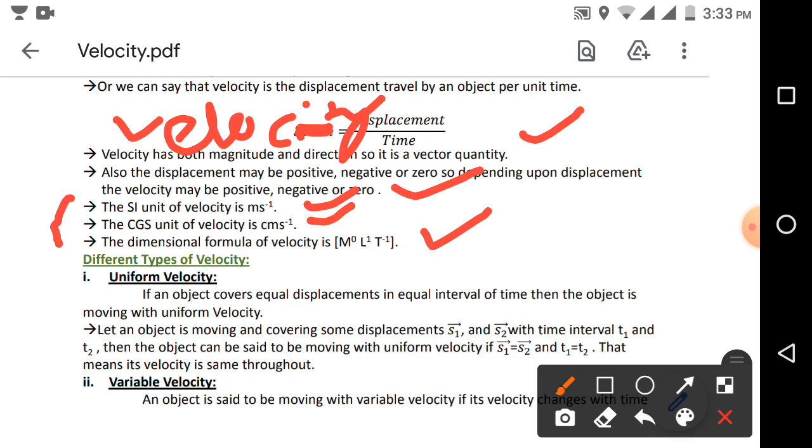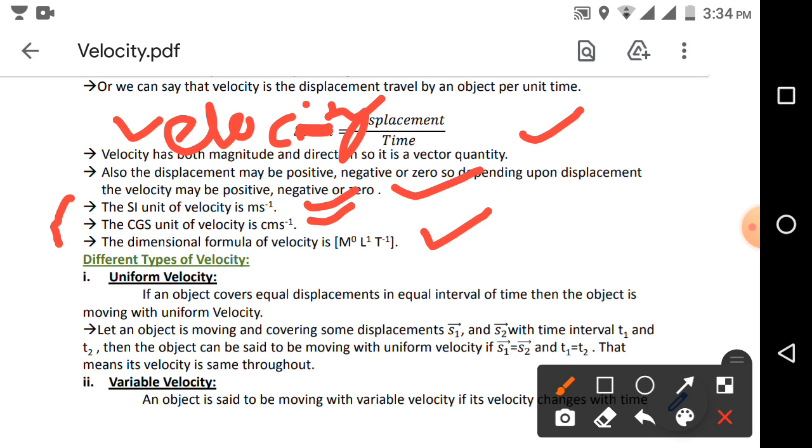Let an object cover displacements s1 vector and s2 vector with time intervals t1 and t2. Then the object is moving with uniform velocity if s1 vector equals s2 vector and t1 equals t2. That means its velocity is the same throughout.